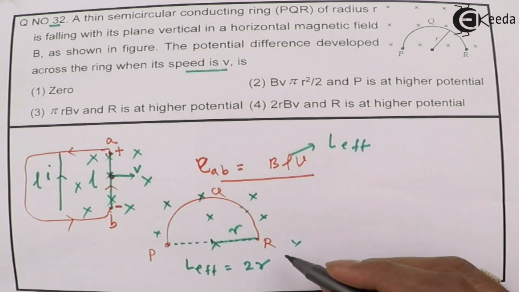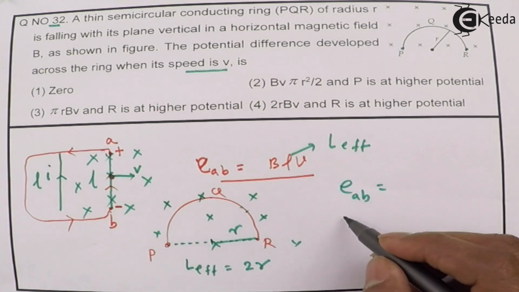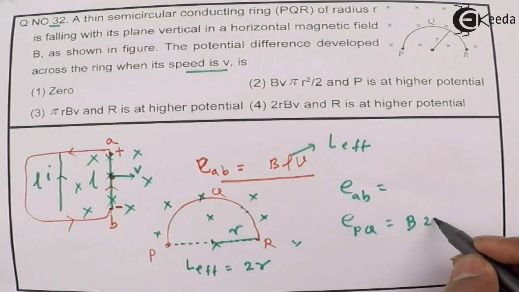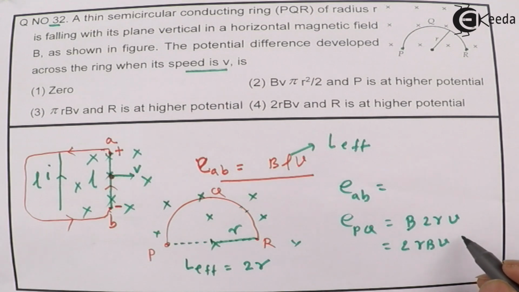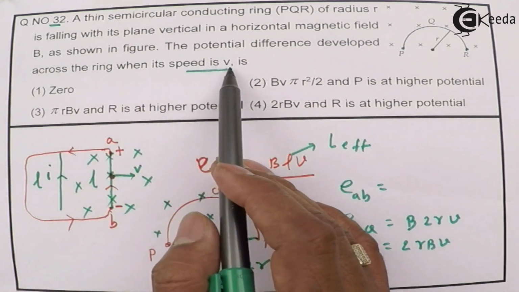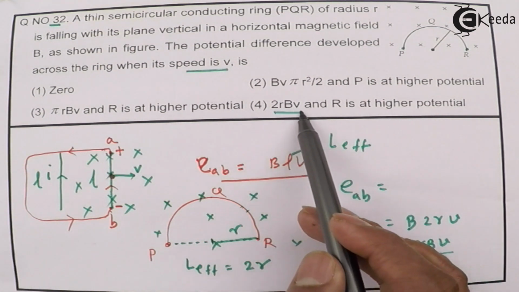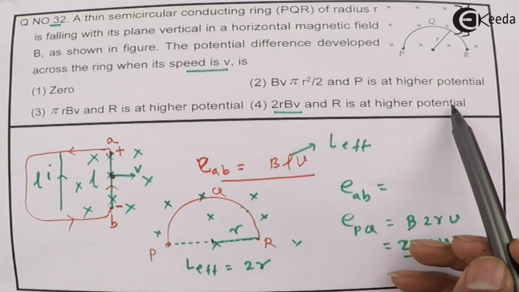If I substitute that, then the potential difference across PQ is B times L, which is 2r, times V, so that is 2rBV. So the potential difference across the ring, when the speed is V, is 2rBV, and R is at higher potential.